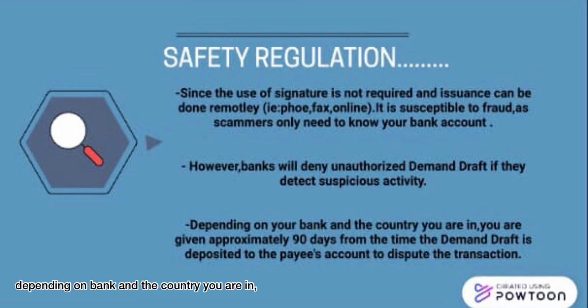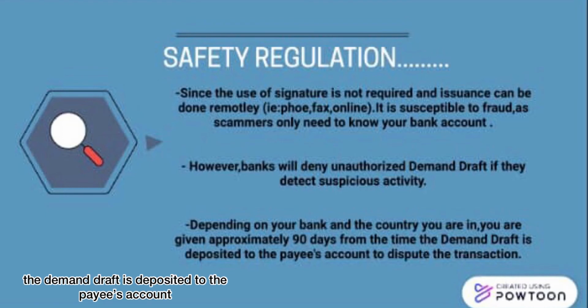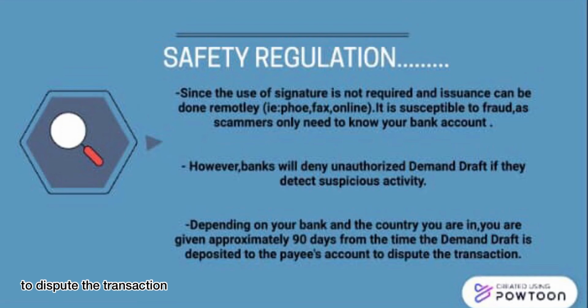Depending on the bank and the country you are in, you are given approximately 90 days from the time the demand draft is deposited to the payee's account to dispute this transaction. There may also be regulations to govern your safety depending on your location.